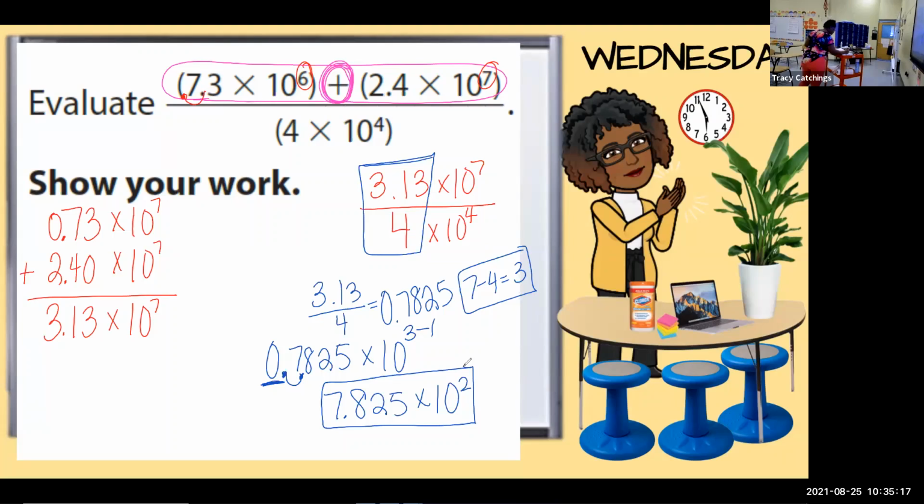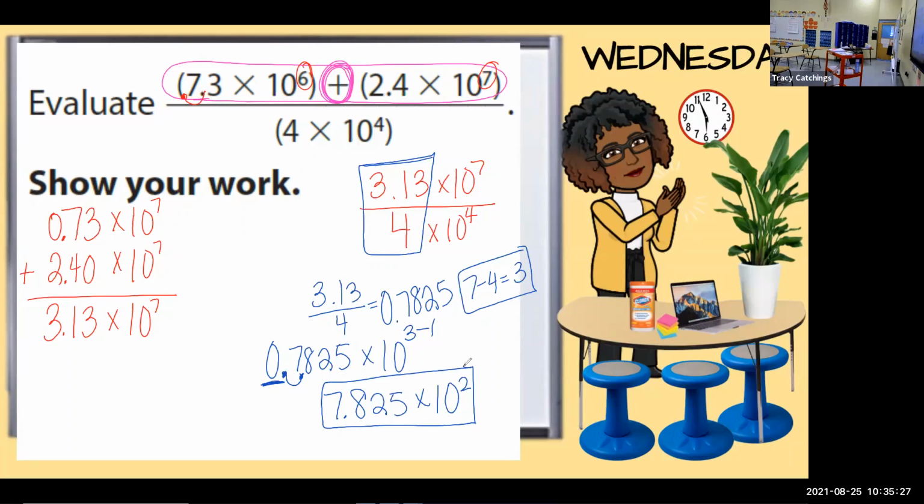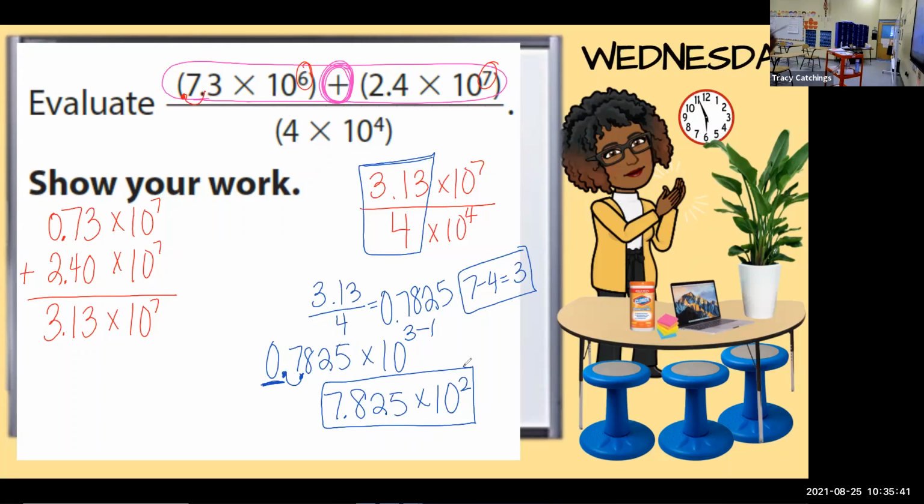Did we lose everybody? Going back to Monday or so, when we first started scientific notation, with multiplying and dividing, can you not use a small number as it? Okay, now remember, Mercedes, and I'm going to put it up here.